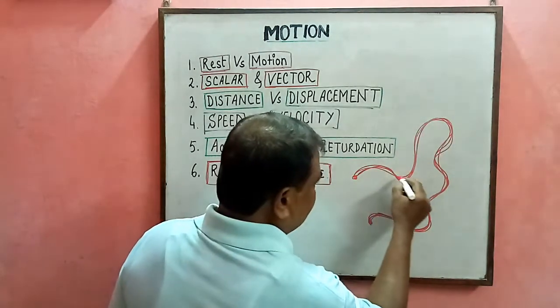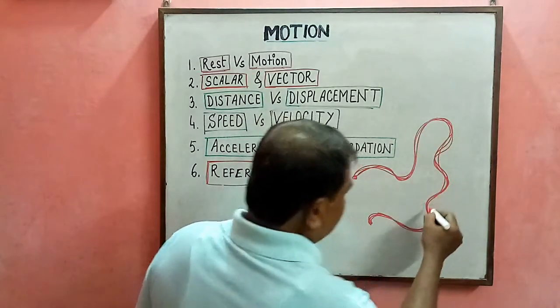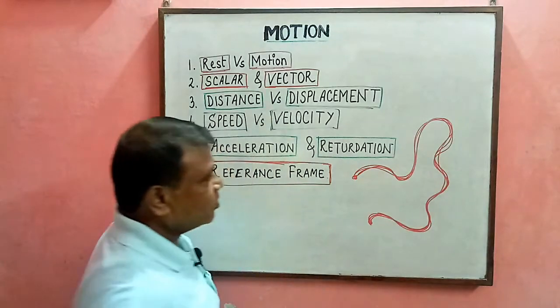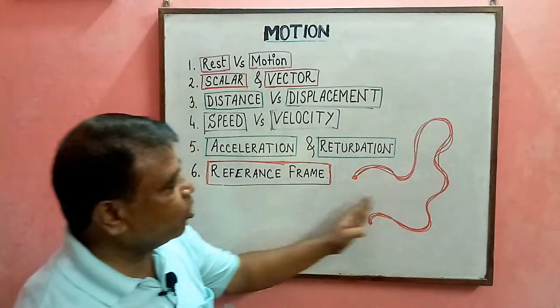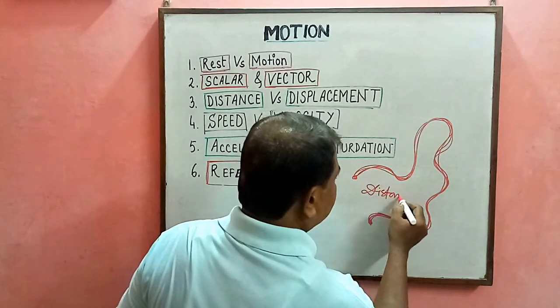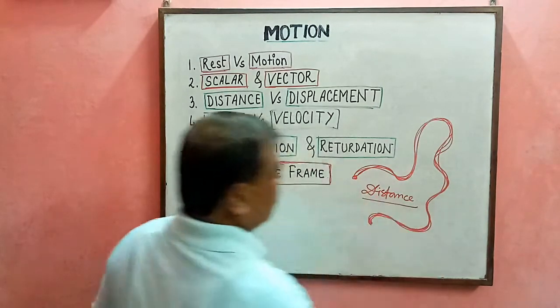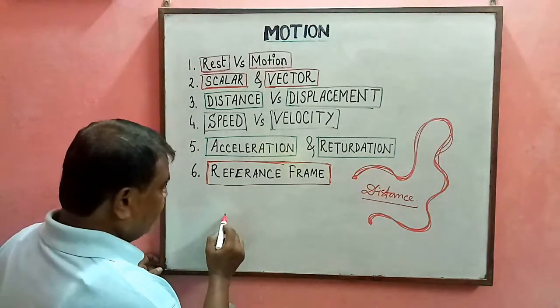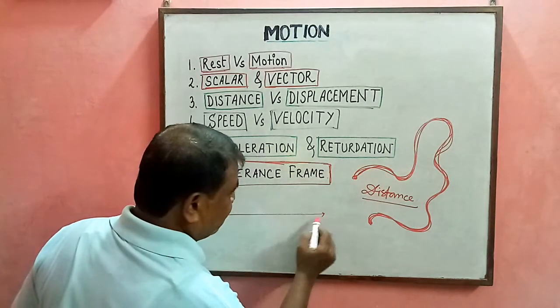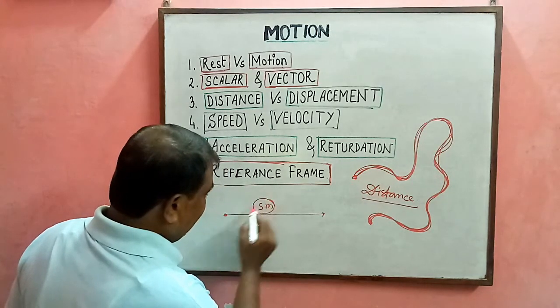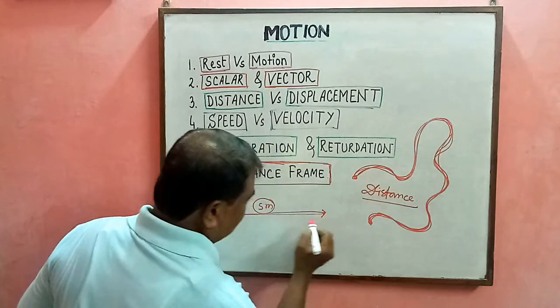Whatever the length this ant traced, the total length is your distance. But if I say I am going towards east 5 meters, this distance I have traveled in a particular direction.